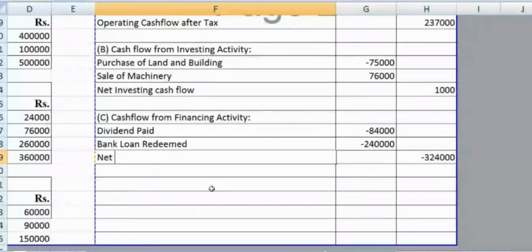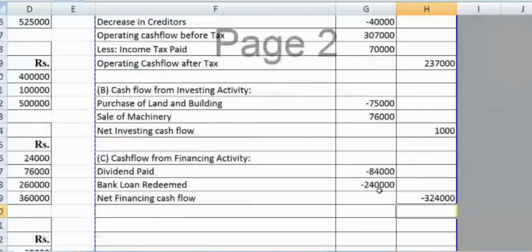Net financing cash flow. Okay, chal. These are the three answers. Now make the total of these three. What is the total? 86,000 minus is correct. Yes, sir.